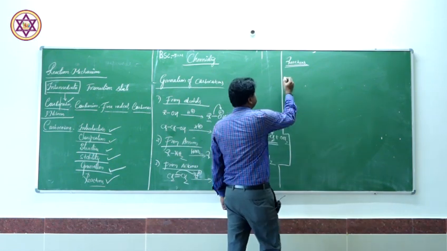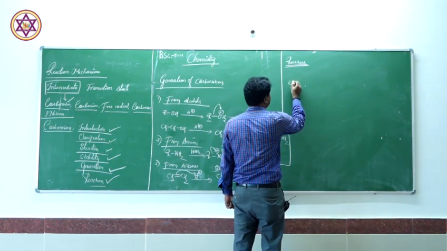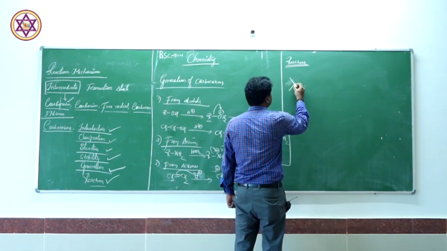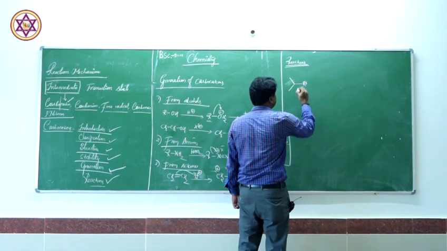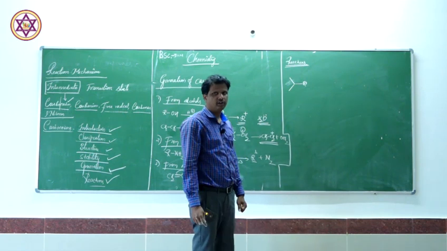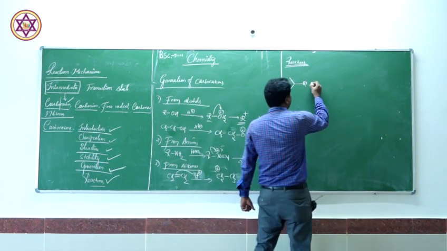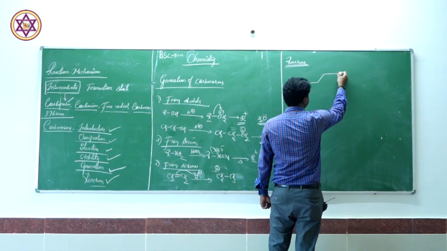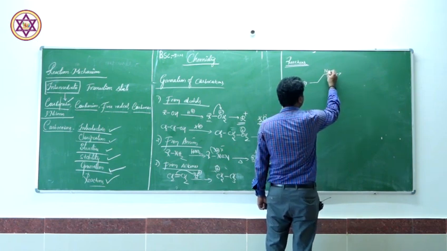The point is this carbocation. Let us assume that this is the carbocation we are having. It can have three different reactions. One is it can react with a nucleophile.